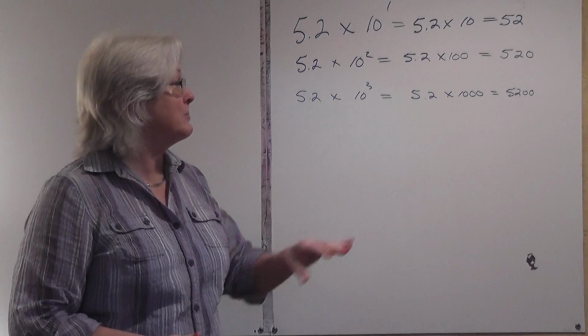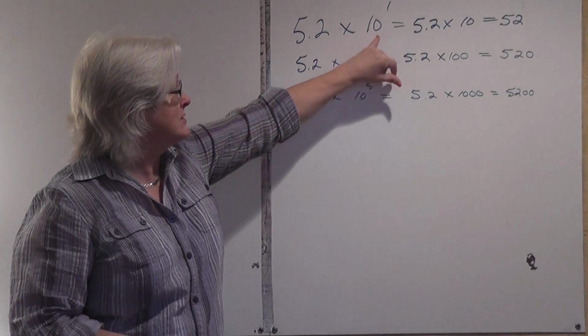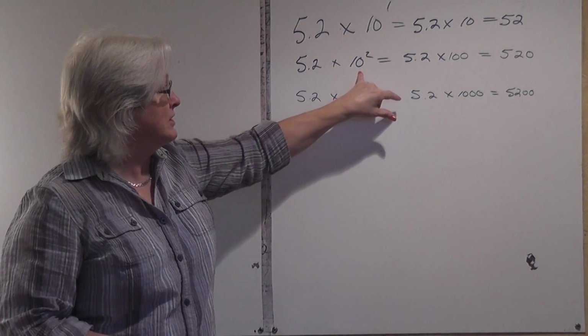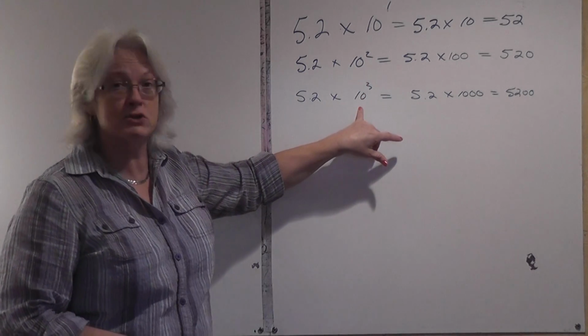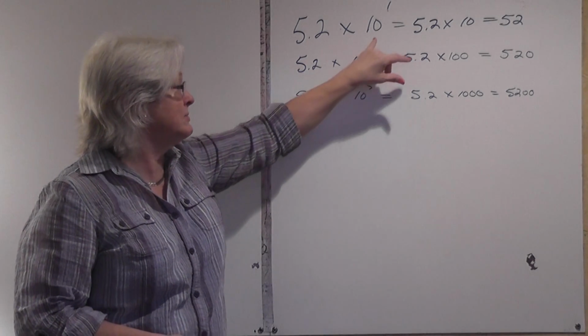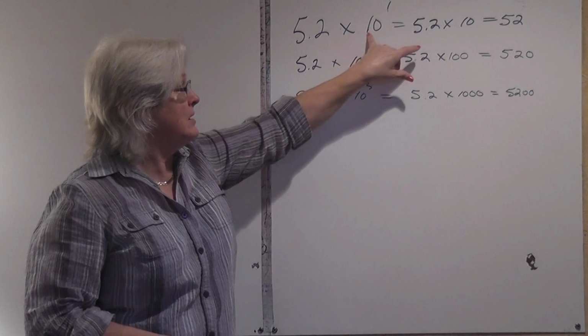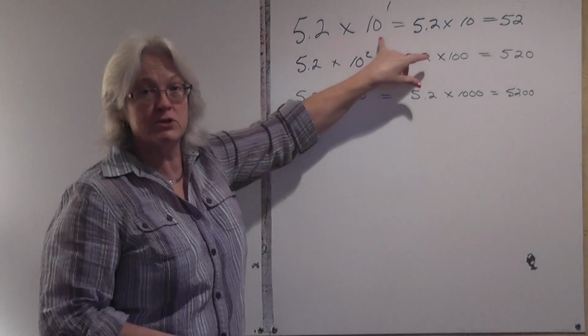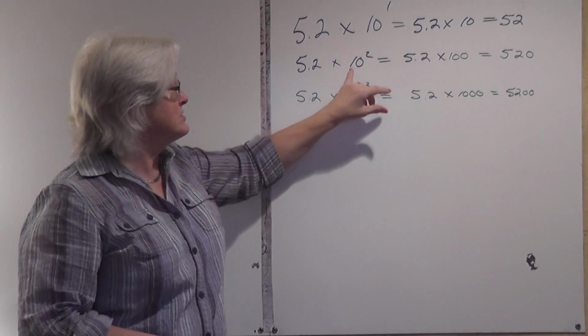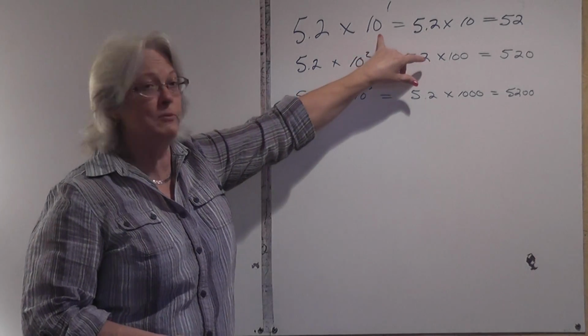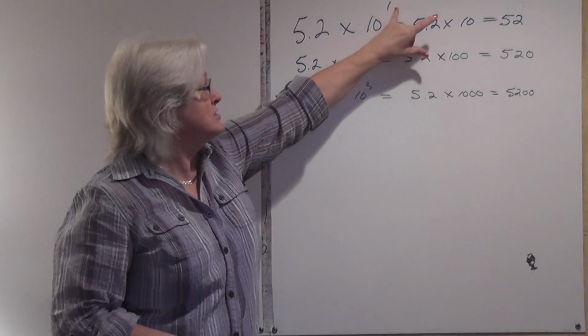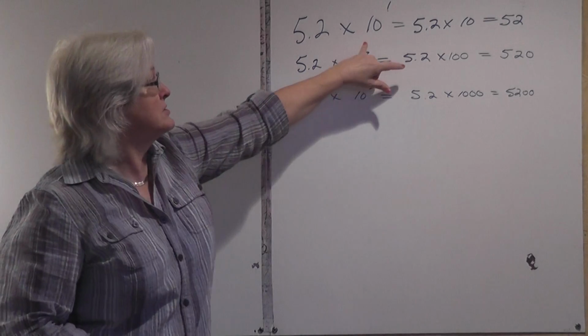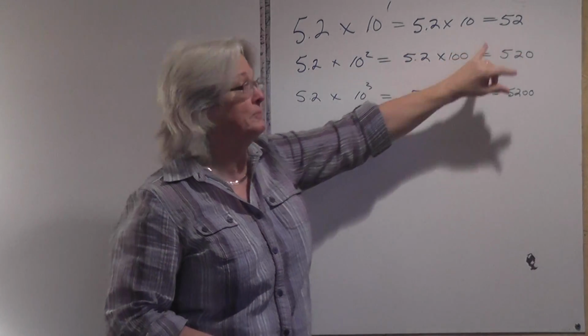And you'll remember that powers are when we use exponential notation here. Exponential notation indicates to us how many times this bottom number, which is called the base, is used as a factor. Here we have a base of 10 that's used as a factor one time. So we're going to multiply by 10.